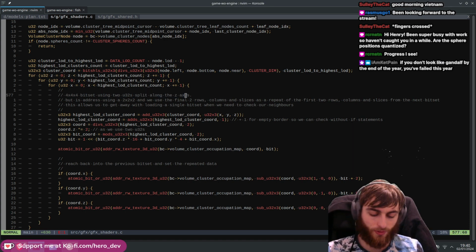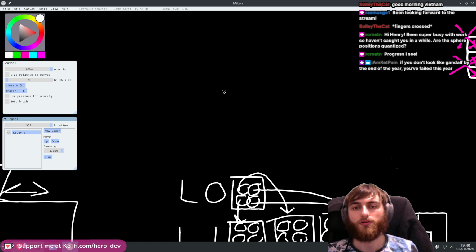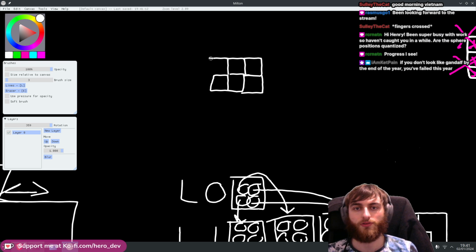The problem is, ideally when you have a cluster, you need to know if you're completely surrounded by full clusters. Let's see if I can just draw these clusters out quick. It's a bit of a bugger, right?